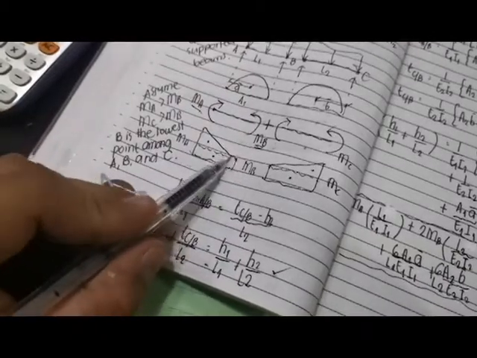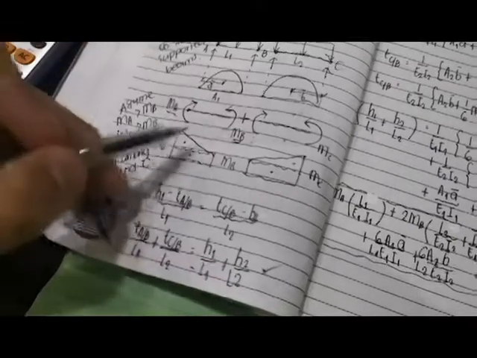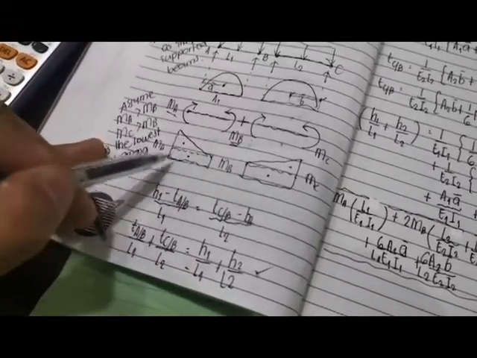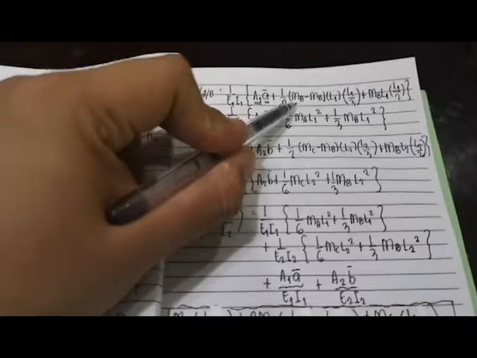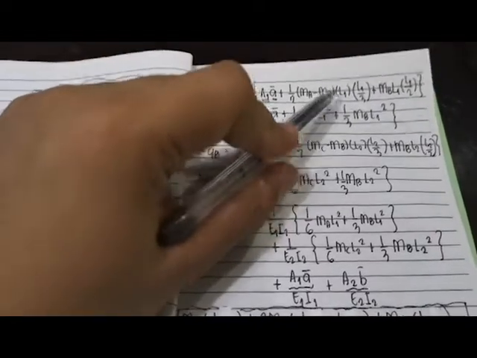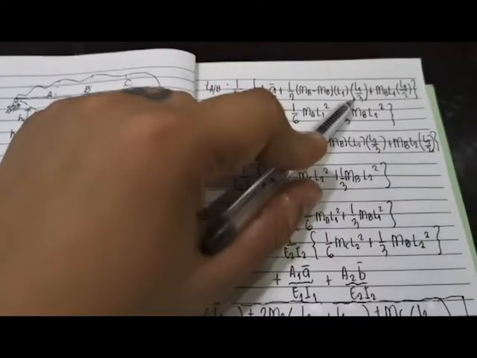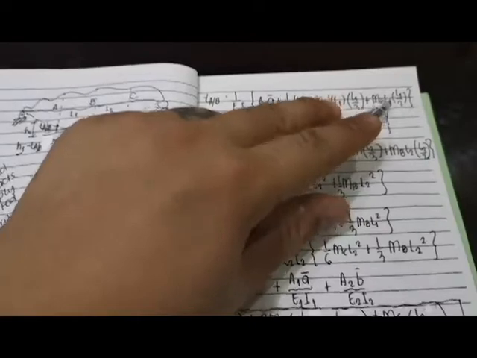So this one naman. This is a trapezoidal shape, pero I decided to separate the right triangle from the rectangle. So ganito ang nangyari: 1/2 times M sub A minus M sub B, multiplied by L1, times L1 over 3, plus MB L1 times L1 over 2.